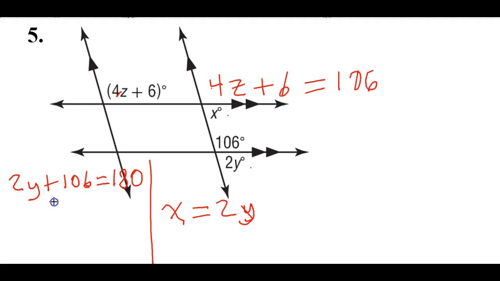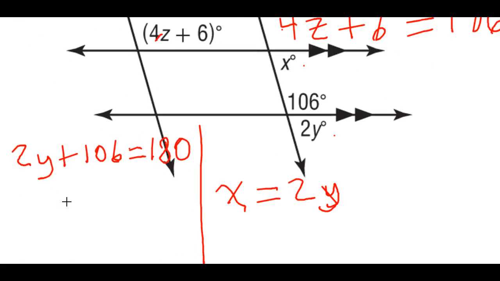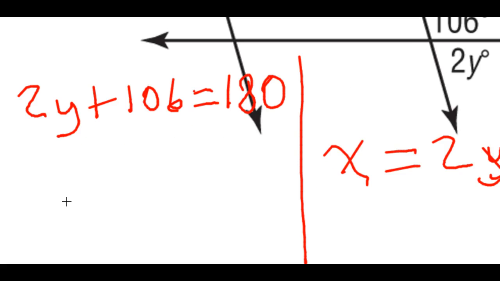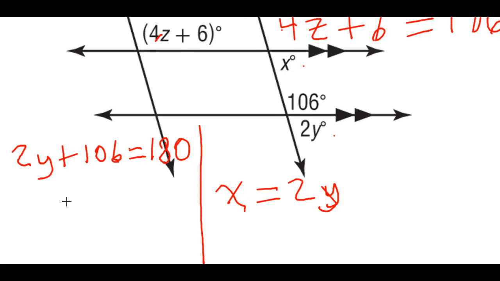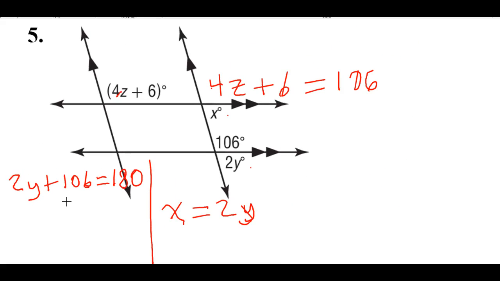We should subtract 106 here from both sides. So I have 2y then equals 74.